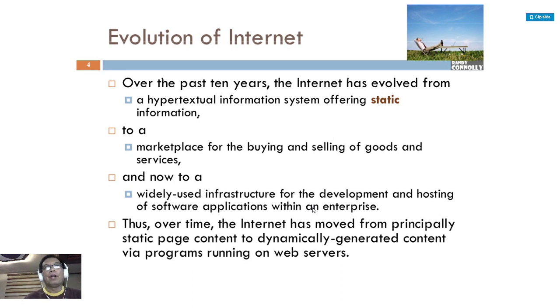So the software that are being used by companies now are mostly web-based. An example is the School Automate that is being used by our school, University of Luzon. Thus, over time, the internet has moved from principally static page content to dynamically generated content via programs running on web servers.